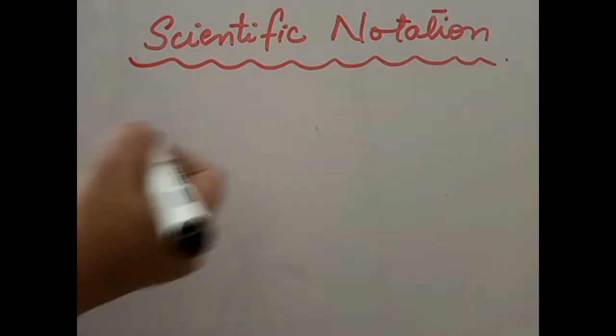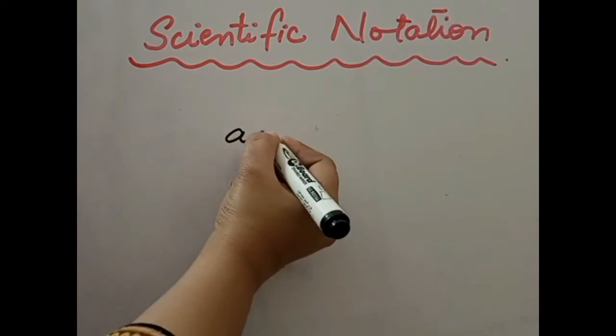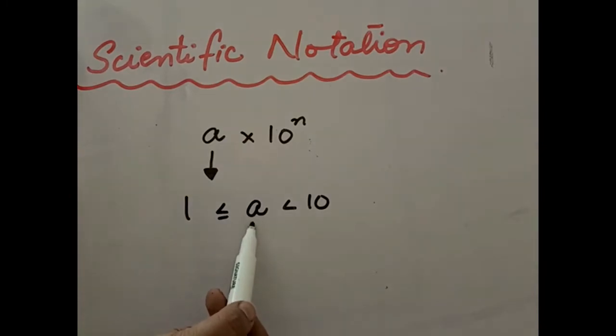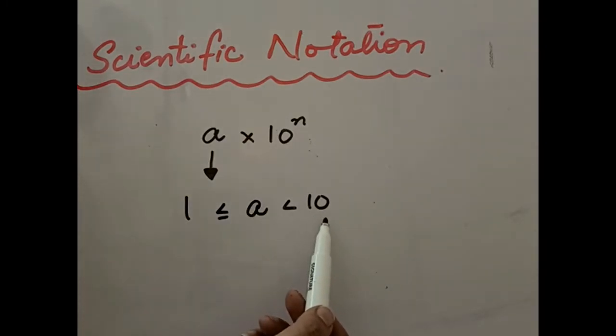A number written in the form of a cross 10 raised to the power n, where this number a can be equal to 1 and less than 10.